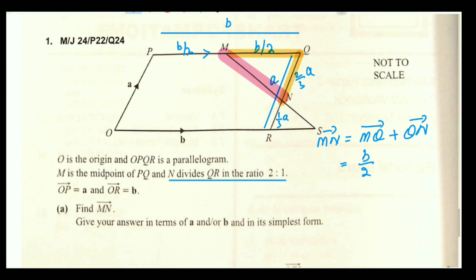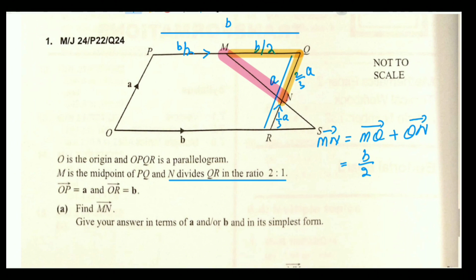And what about the other side? Its direction will also be upward according to this side. So what we have to do now? The arrow is towards Q, so we will take it as positive.